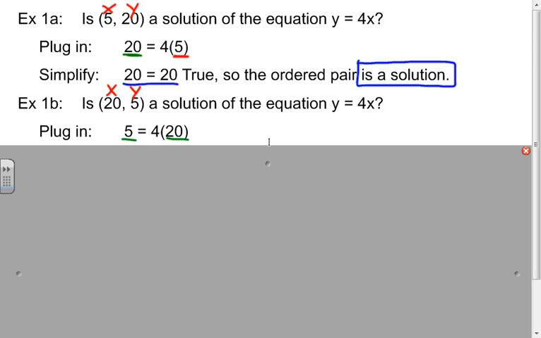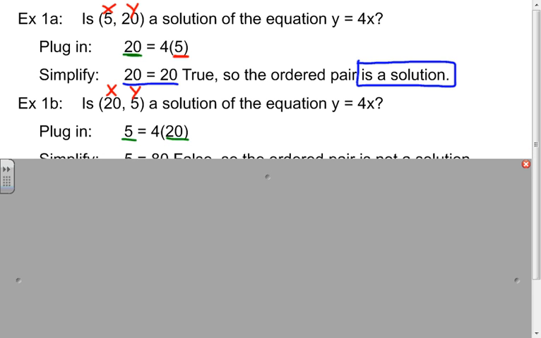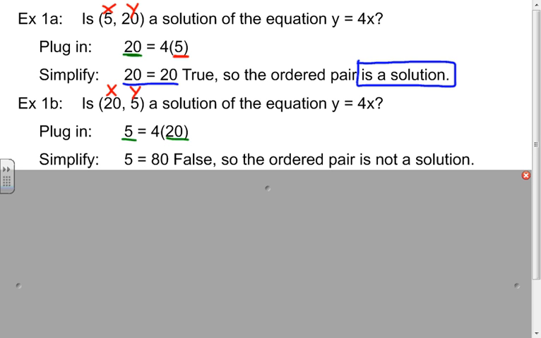Okay? If I do that, and I do the math, 4 times 20 is 80. 5 does not equal 80. So that's a false statement. If I get something that's false, that means that my answer is not a solution.